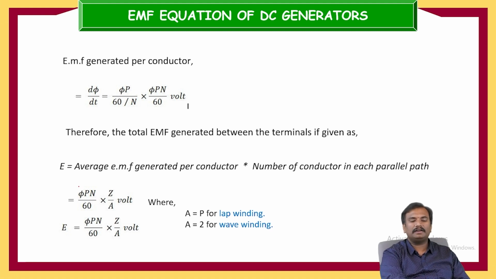So the EMF generated is equal to the average EMF generated per conductor into the number of conductors in each parallel path, that is φPN/60 into Z/A volts, where A is equal to P for lap winding and A is equal to 2 for wave winding.